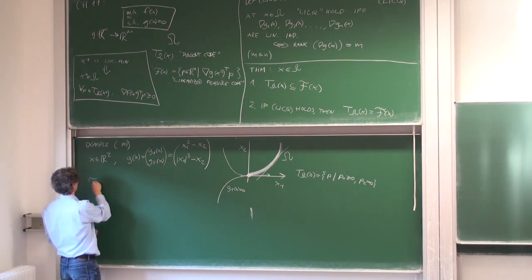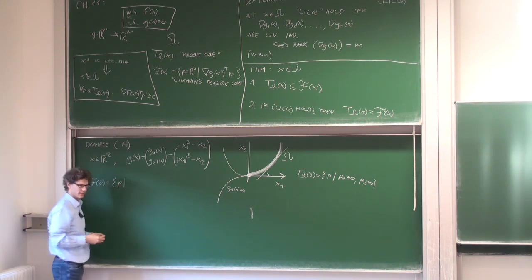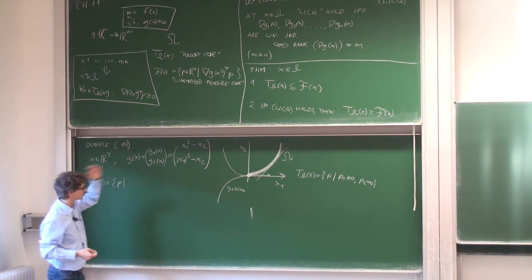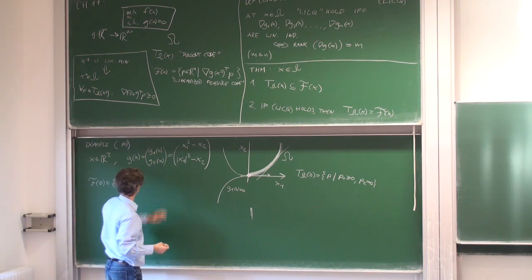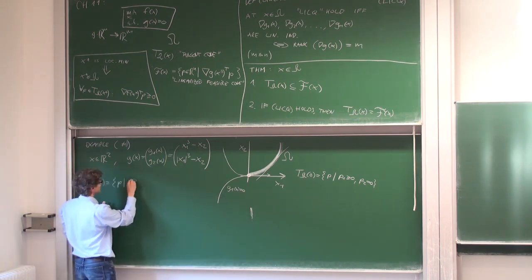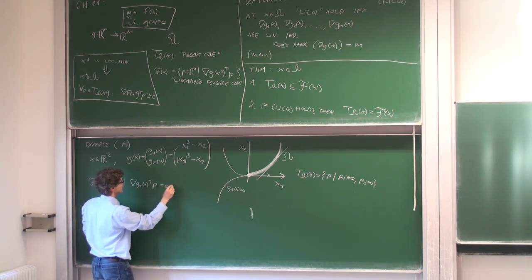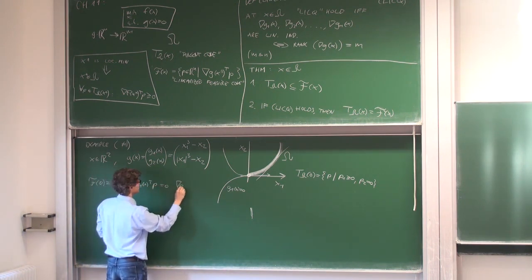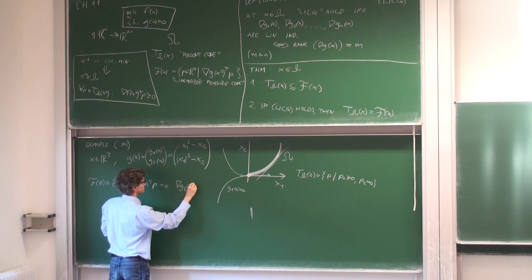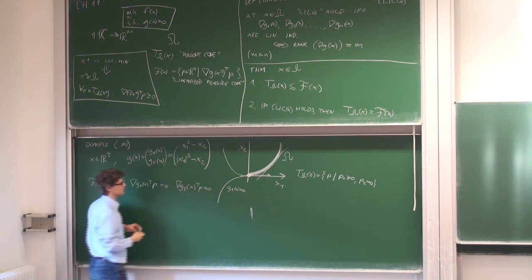So F at the point 0 will be this set of all p's that satisfy these constraints in a linearized form. So let me compute, actually I can write it in this form. It's the gradient of g1 transpose p equals 0 and the gradient of g2 times p should be 0.